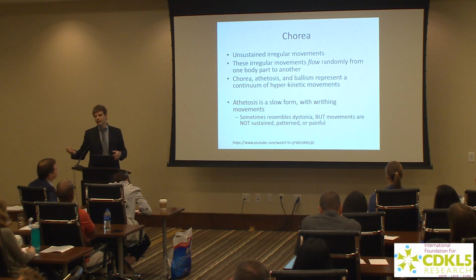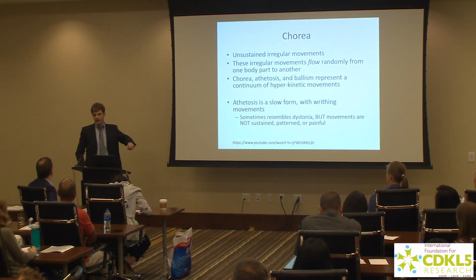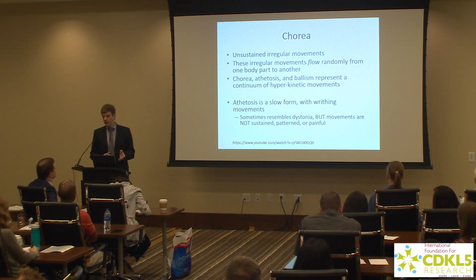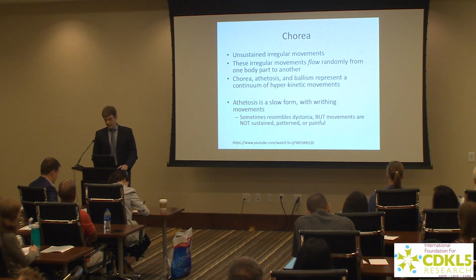I will try to mimic it a little bit. I'm not great at doing that, but in an academic sense, it would flow from, let's say, my right arm to the left arm and then to the right leg. There's always a preponderance in one part of the body.